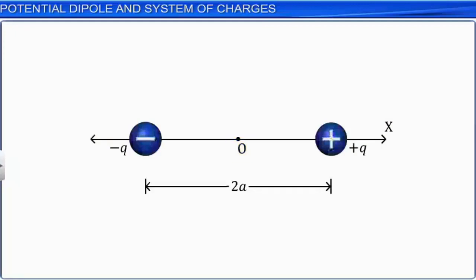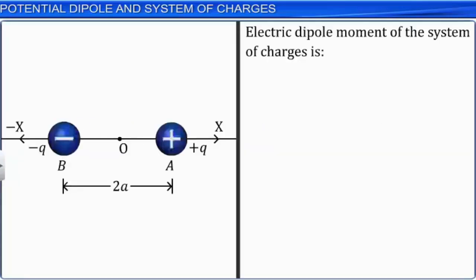The charge plus Q lies on the positive x-axis at A, and the charge minus Q lies on the negative x-axis at B. The electric dipole moment P due to the dipole is equal to 2AQ, and the dipole moment P points from minus Q towards plus Q. Let this be equation 1.